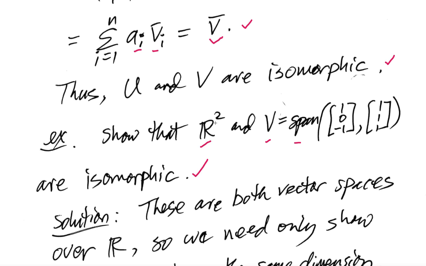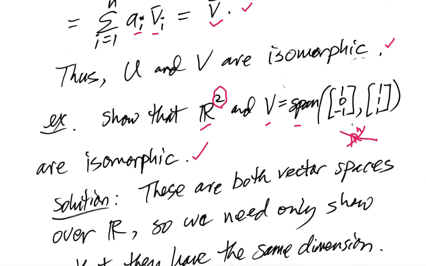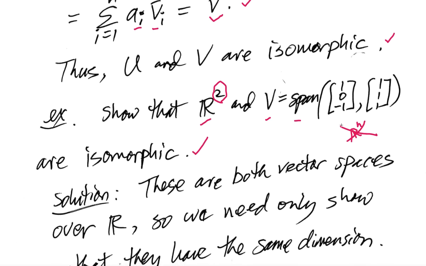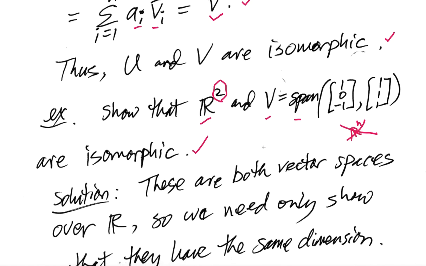My first vector space is R squared or R2, but my second vector space isn't R3, it's not R2 either, it's not R anything. It's just the span of these vectors. V is actually a subspace of R cubed though. But anyways, we want to show that these are isomorphic.